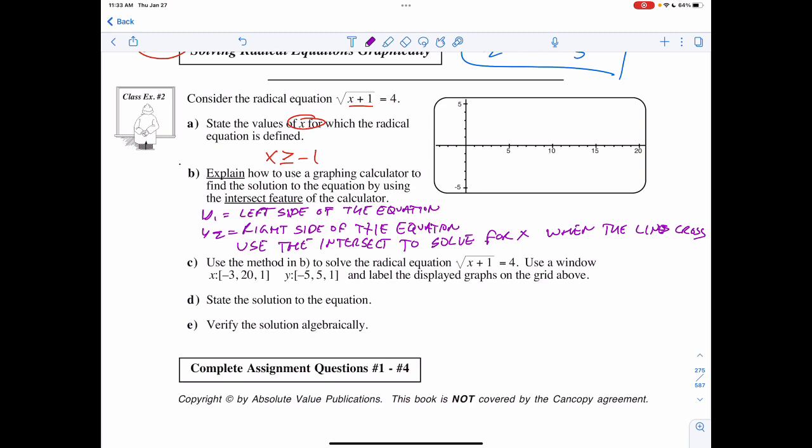So I'm going to go ahead and put into my calculator y1 is equal to root x plus 1. I'm going to graph out where those points would be.